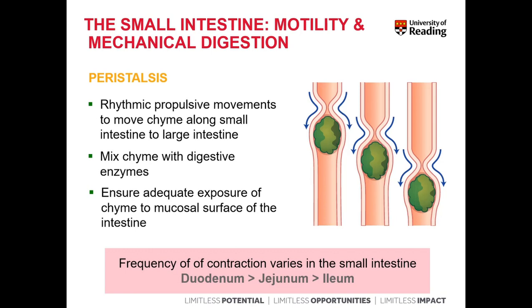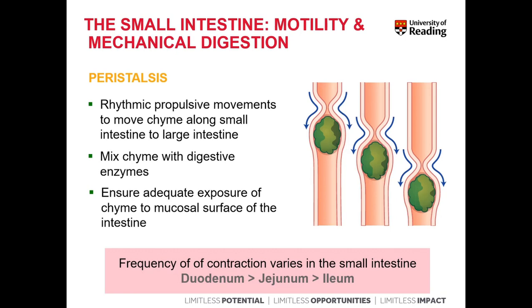So when the longitudinal muscles contract after the circular muscles contracted behind the bolus or the chyme, that will generate the propulsion of the content into one direction.